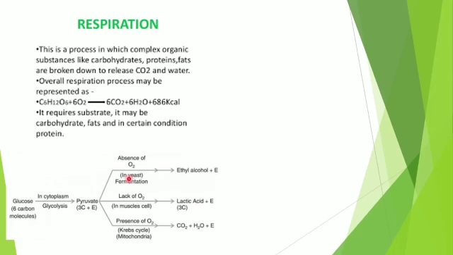Now I'll show you the outline of respiration. Glucose molecules present in the living system are 6 carbon molecules. In the cytoplasm of the cells there takes place a series of fully enzymatic reactions which we call glycolysis. Always remember that lysis means splitting.